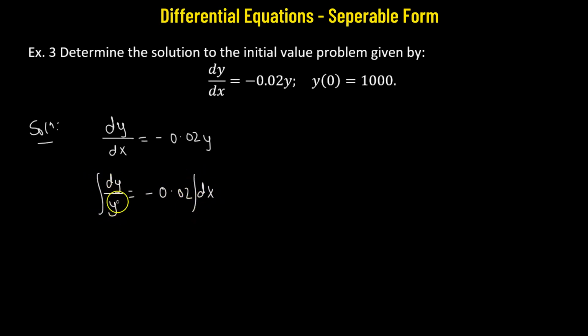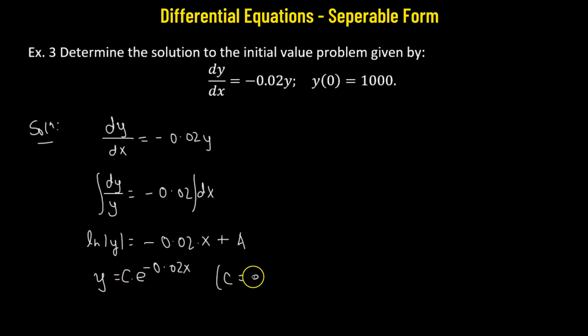We'll take the integration on both sides. Integration of dy over y will be natural log of y equals negative 0.02 times the integration of dx, which is simply x plus the constant of integration a. So y will be equal to c times e raised to the power of negative 0.02x, where our c is e raised to the power of a. Now we'll apply the initial conditions. y(0) equals 1000.